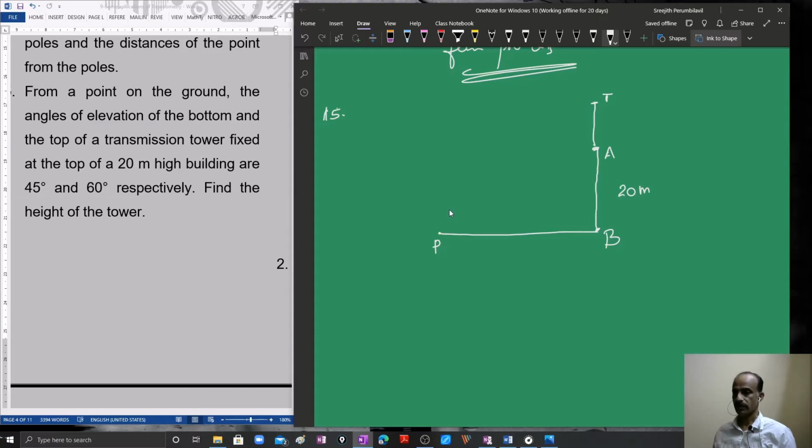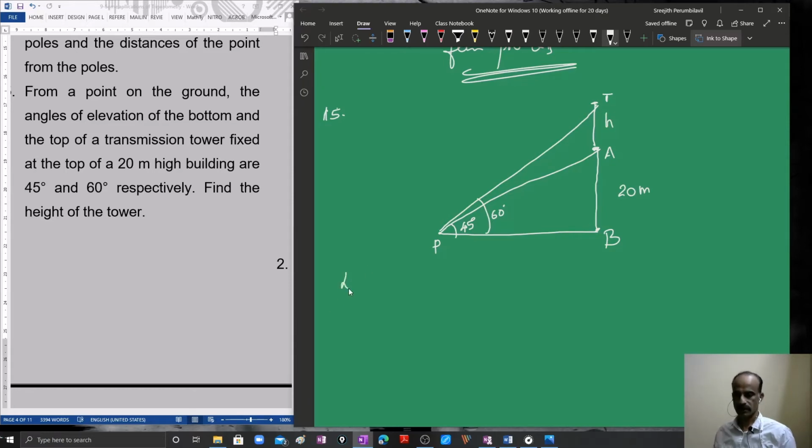The angles of elevation of the bottom and top of the tower are 45 and 60; the smaller one is 45, the larger one is 60. So this is 45 and the other one is 60 degrees. Find the height of the tower.